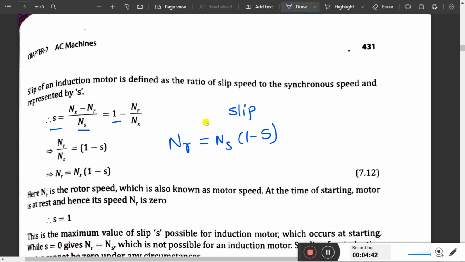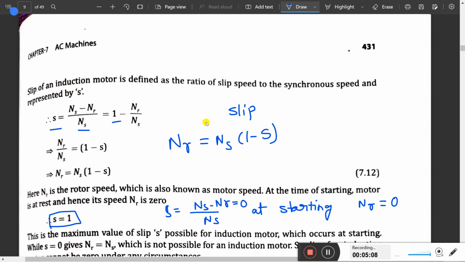We already discussed that at the starting the slip is equal to 1. How can we determine? We know s is equal to Ns minus Nr by Ns. We know at starting the relative speed Nr is equal to 0. Then if you substitute Nr is equal to 0, you will get slip value 1.